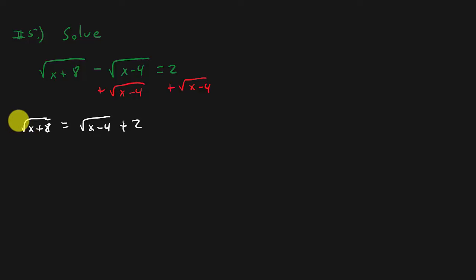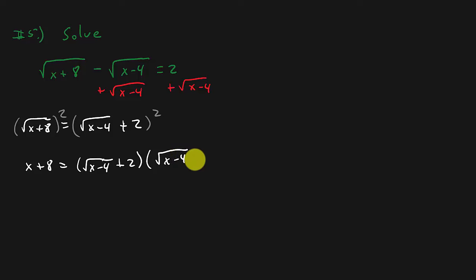And then we want to square both sides. And so that's going to give us x plus 8 equals, now for this one, the square root of x minus 4 plus 2 times the square root of x minus 4 plus 2.